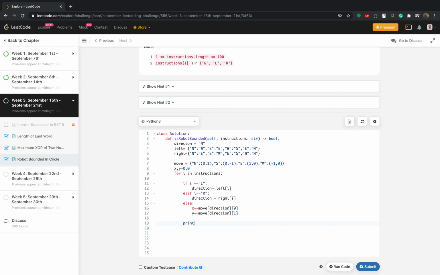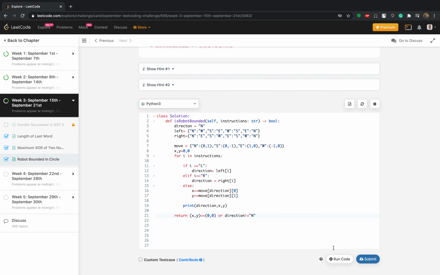We would just do a print here to check we are doing good. So we would verify the direction and the x-axis and y-axis, and then we would return whether x, y equals 0, 0 or direction is not equal to N. So let's try.